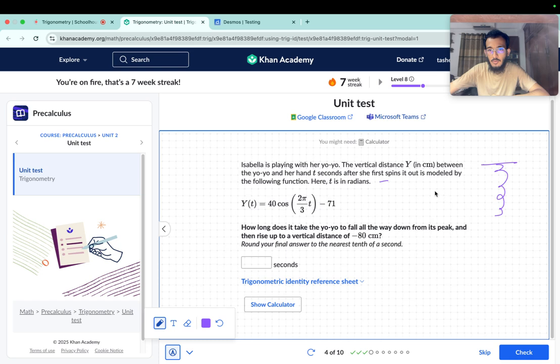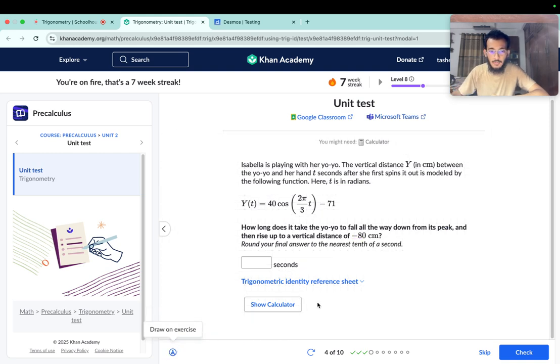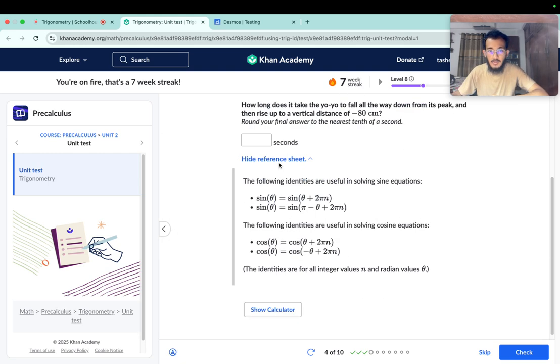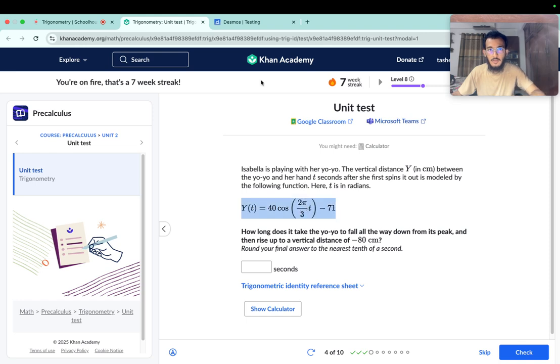How long does it take the yo-yo to fall all the way down from its peak and then rise up to a vertical distance of negative 80 centimeters? We're asking for time, and we need the answer to the nearest tenth of a second. They're giving us a trigonometric identity, but we don't need this.